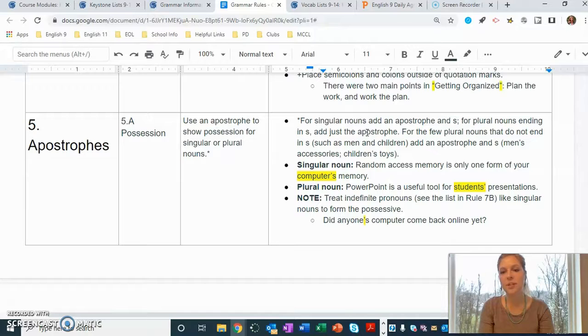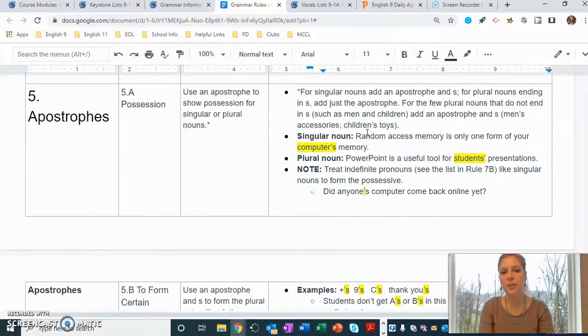So singular, such as one computer, the computer's memory. Plural, such as students, every students' presentation, you have the S there to make it plural, and then you just do the apostrophe afterward.